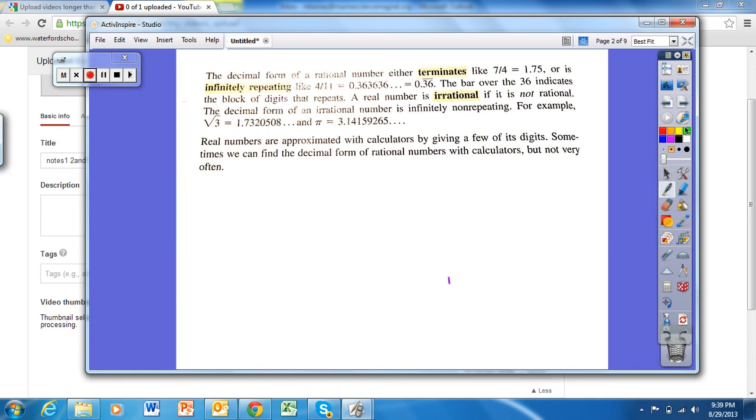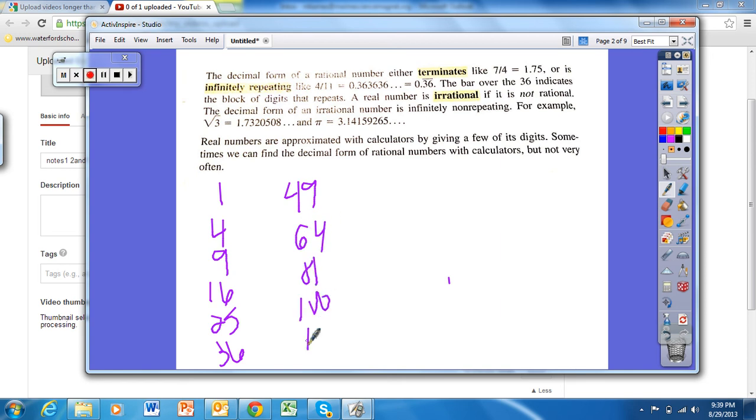Let's talk about what a perfect square is. 1, 4, 9, 16, 25, 36, 49, 64, 81, 100, 121, 144, 169, 196, 225. Those are all perfect squares. If I take the square root of any of those numbers, I'm going to get an integer as an answer.